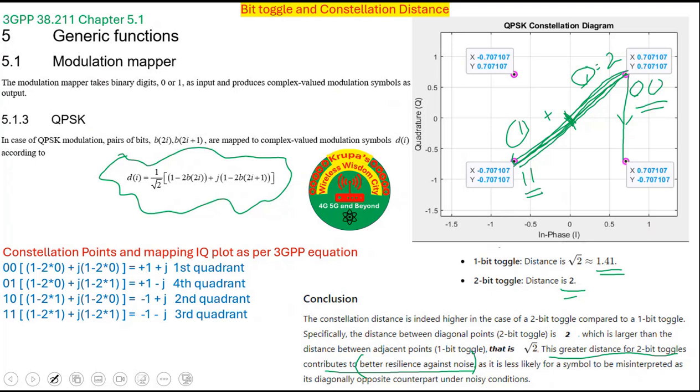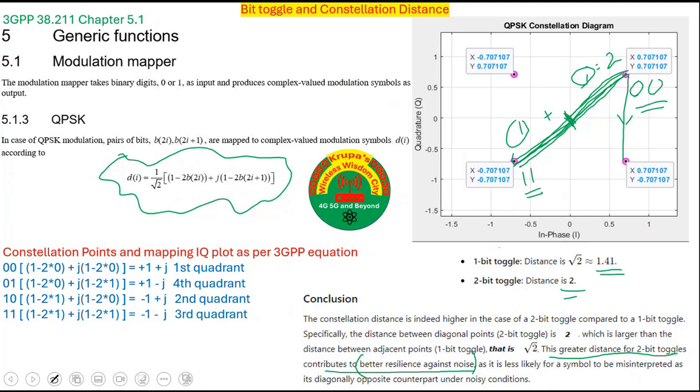And that property is, when there is a channel, or you call it noise or interference, trying to impair your constellation points and wanting to change 2 bits, out of the 2 bits it has to traverse a longer distance.